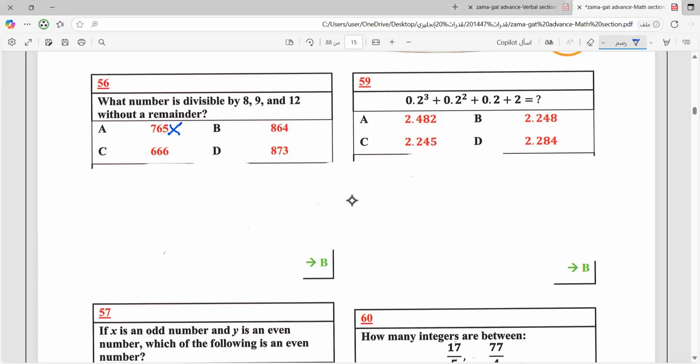Why are we dividing by 2? Because 8 is 2 times 4. And 12 is 3 times 4, so the number should be divisible by 4, by 3 and by 2.